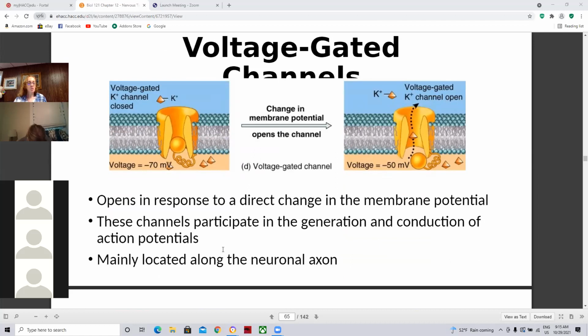Voltage gated channels are going to participate in the generation and conduction of action potentials, or electrical firing, because they're going to open and close in response to changes in voltage or membrane potential. Remember, membrane potential and voltage are the same thing. These are mainly located along the neuronal axon.